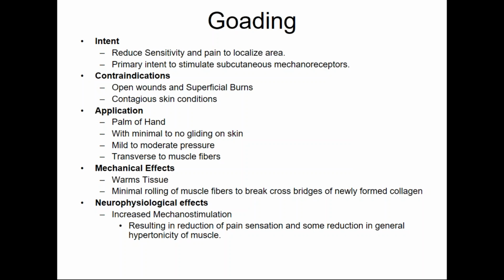So that's primarily what we use goading for. Whenever there's pain in an area, we would apply goading. When you're applying goading, you make sure that you use the entire surface of your hand. You're not trying to slide on the skin. You're simply trying to warm the tissues and gently affect the underlying contact area.